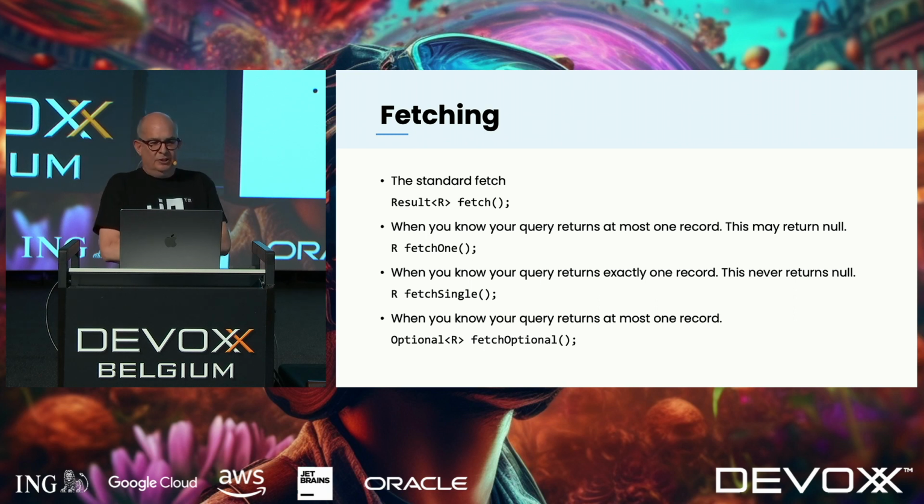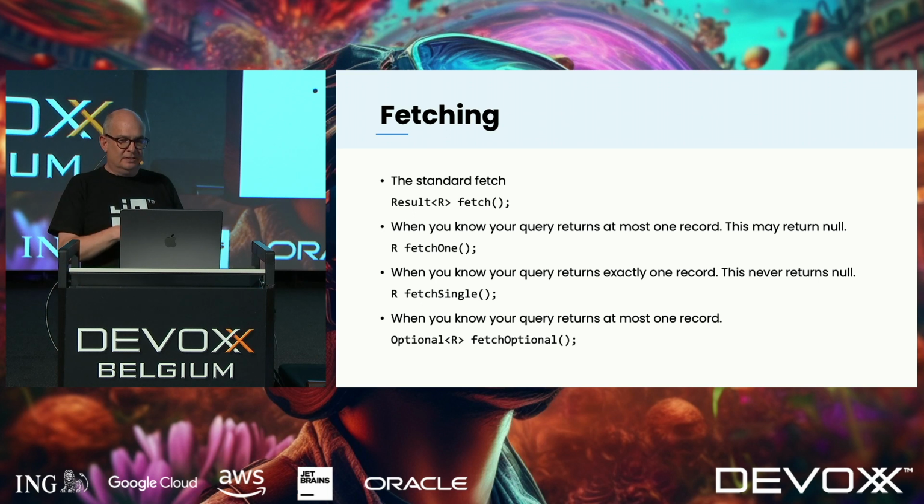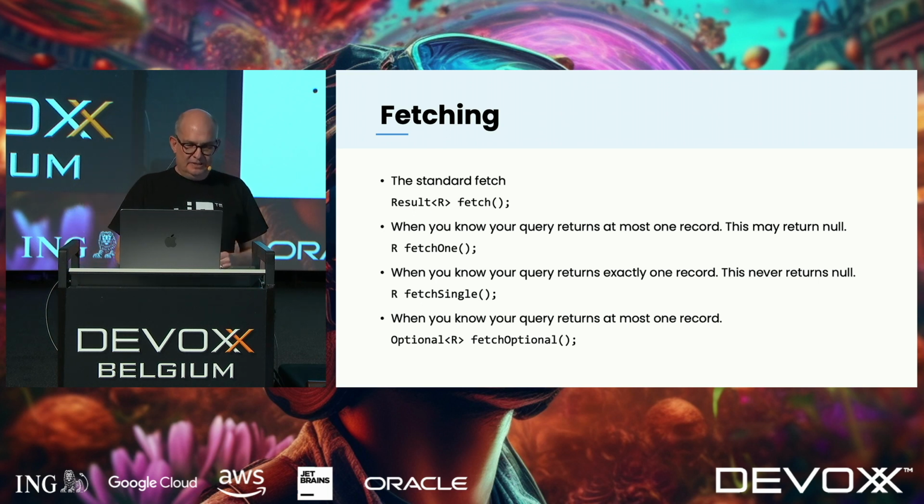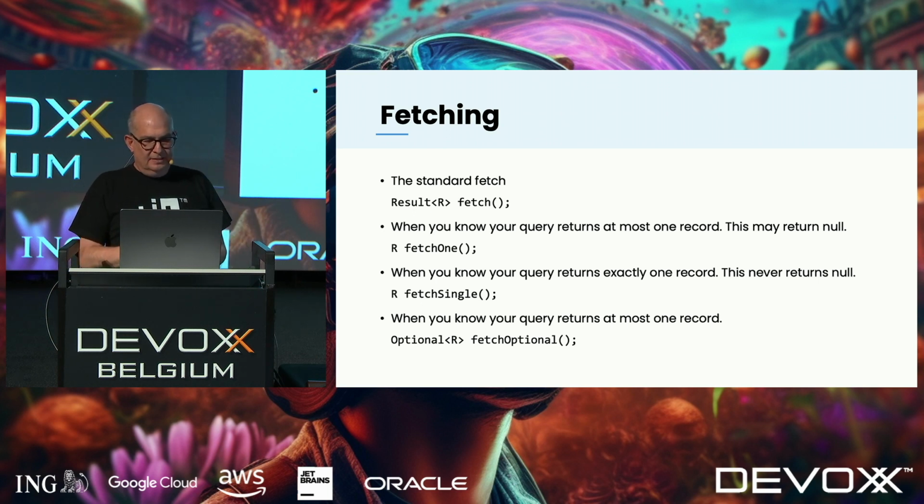The easiest way is to fetch a result, so you get a list of records. Currently we only know it could be a record, but we will see what else it could be. Then we have fetchOne. That means we want to have one, or it may return null. Is it a good idea to return null from such a statement?